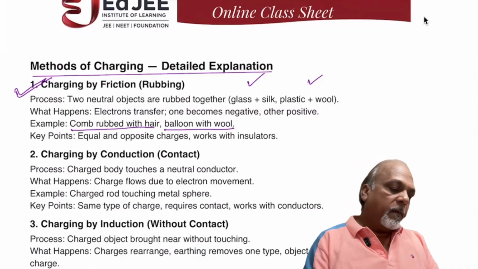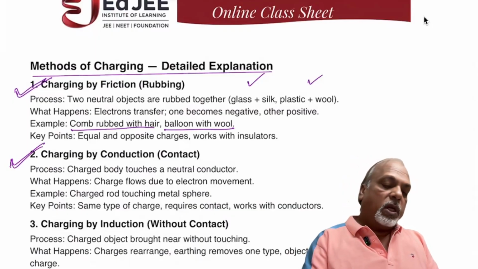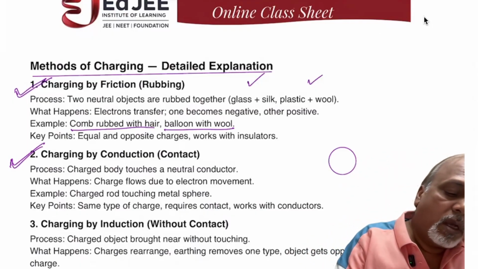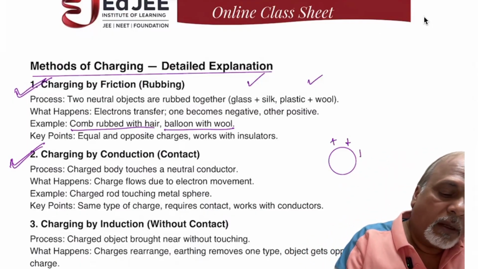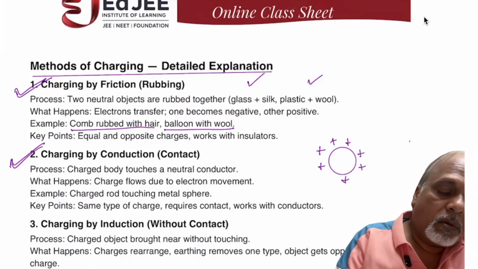Correct. Charging by conduction means you have to touch. Suppose you have a body with positive charge, and another body that is uncharged.